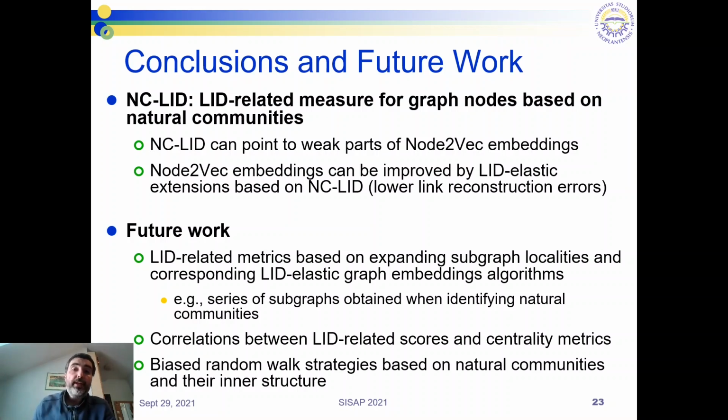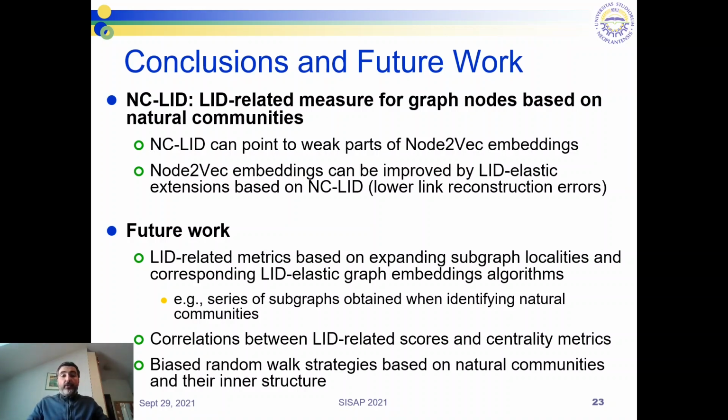we worked with node2vec, which proved pretty convenient because we could manipulate its parameters. But it was also kind of limiting because what we really wanted to do was guide the random walks based on natural communities which we found.